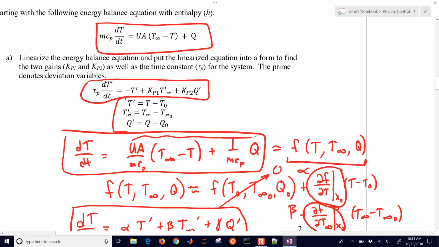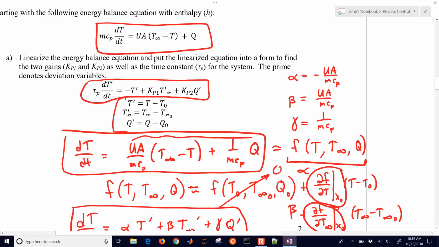The partial derivative with respect to temperature gives alpha equals negative UA over mC sub p. Beta, the derivative with respect to ambient temperature, is just UA divided by mC sub p, and gamma is equal to 1 divided by mC sub p.